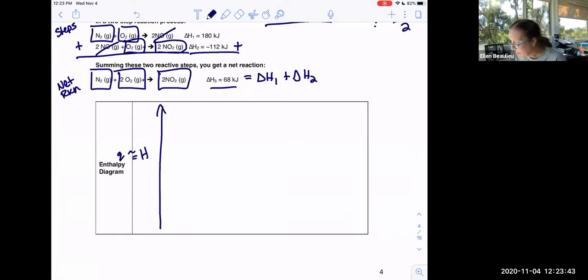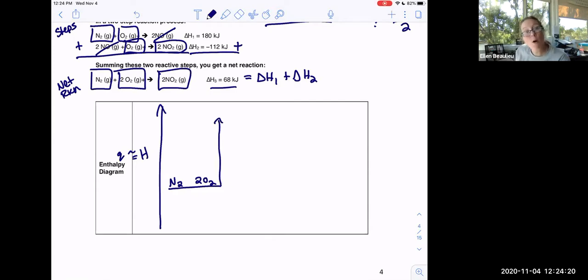In building enthalpy diagrams, you got to start somewhere, right? So I'm going to start with the reactants of my net reaction. So I've got nitrogen and I've got 2 oxygen molecules. So here's the energy level for my reactants in my net overall reaction. Now, what happens if I do reaction 1 to these reactants?